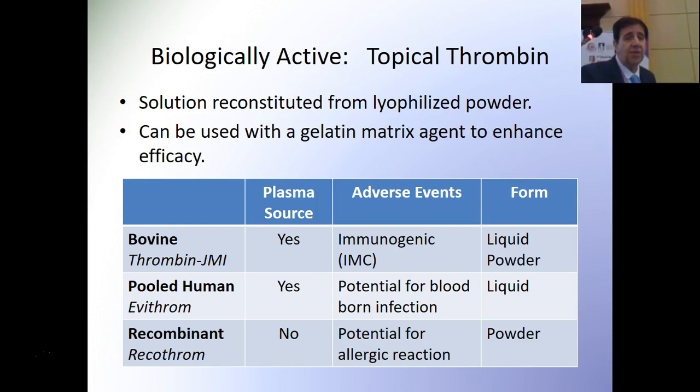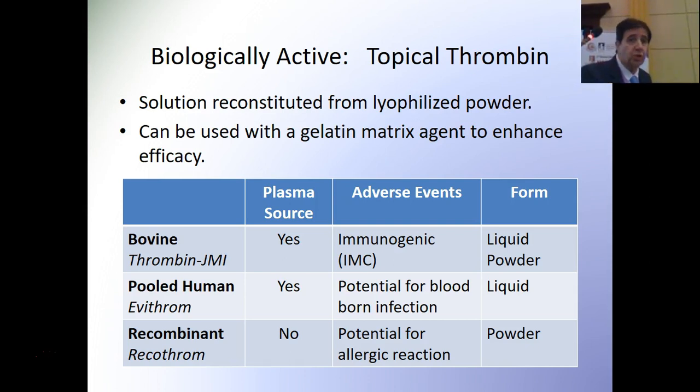So the thrombin, I'm talking here about the topical thrombin, but we will talk later about a combination of the thrombin with some other agents. Now, this is only the thrombin.